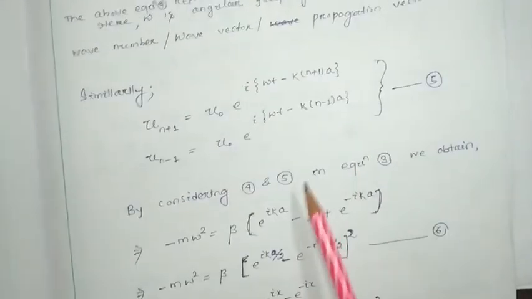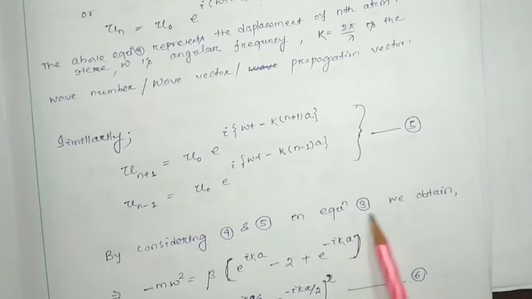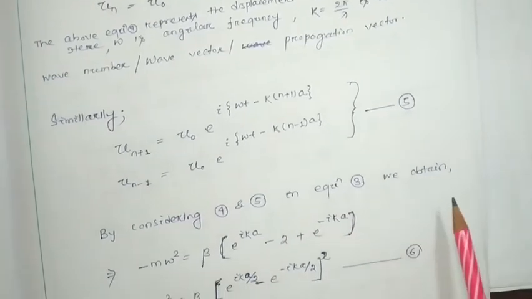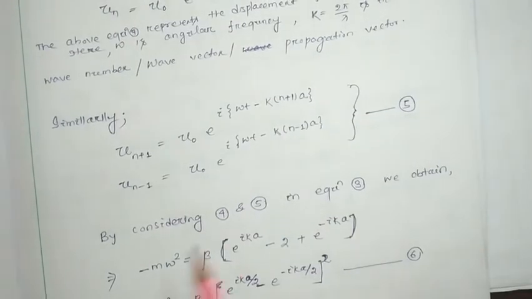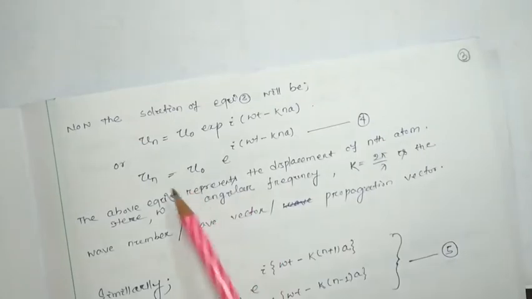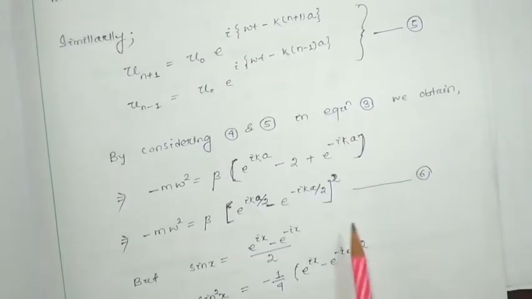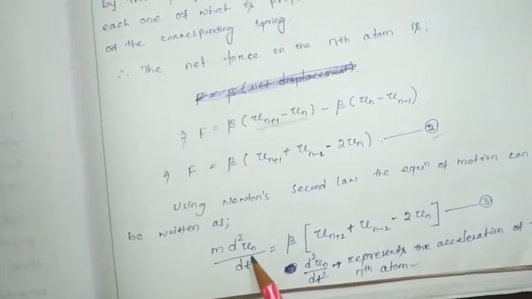By considering equation number 4 and 5 in equation number 3, we obtain the following. Suppose we consider un, that is u0 e to the i omega t. Equation number 3 is in the form m d square un by dt square. Now we consider d square un by dt square.